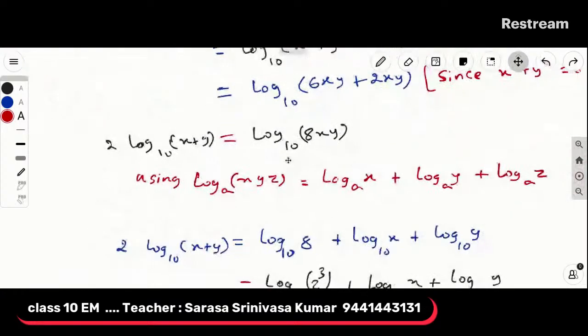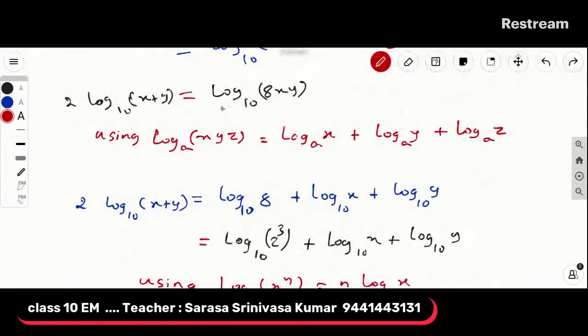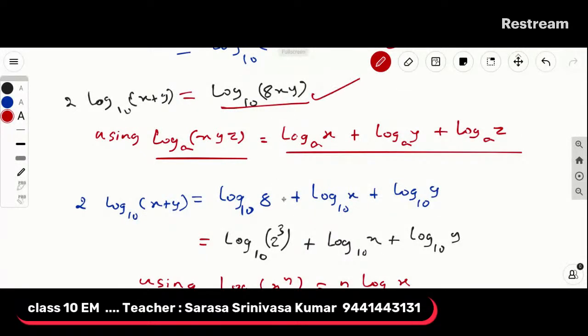Now this is compared with the formula log xyz to the base a. Then we can expand it to log x to the base a plus log y to the base a plus log z to the base a. So now the right hand side part can be written like this using the above formula.